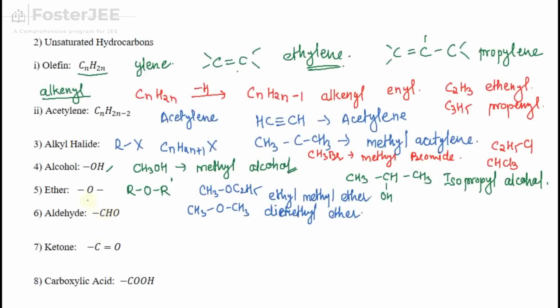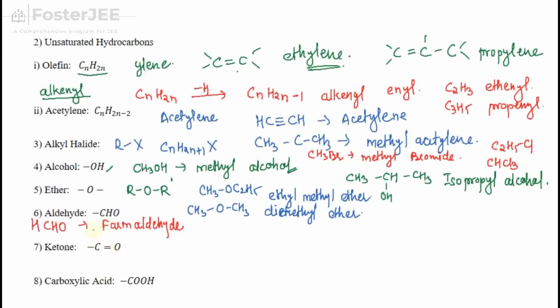For example, HCHO. So here we know that HCOOH is the formic acid. So the ic is replaced by aldehyde and the name of the compound is formaldehyde, because the suffix used in aldehyde is aldehyde. Similarly, acetaldehyde or propionic aldehyde.